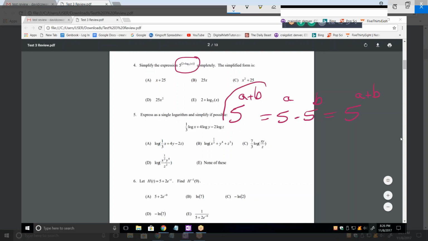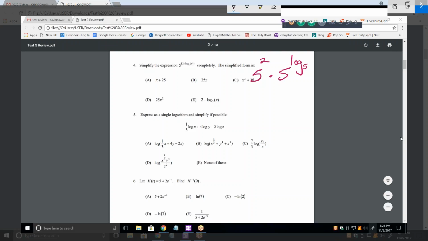So here they're giving you this, and they want you to take it apart into that and that. Okay? All right. So let's do that. What is that expression going to be equal to? 5 to the 2, and then 5 to the log, times. And the times is important because we're looking at a plus sign there. But you're right, it's the rest of it.